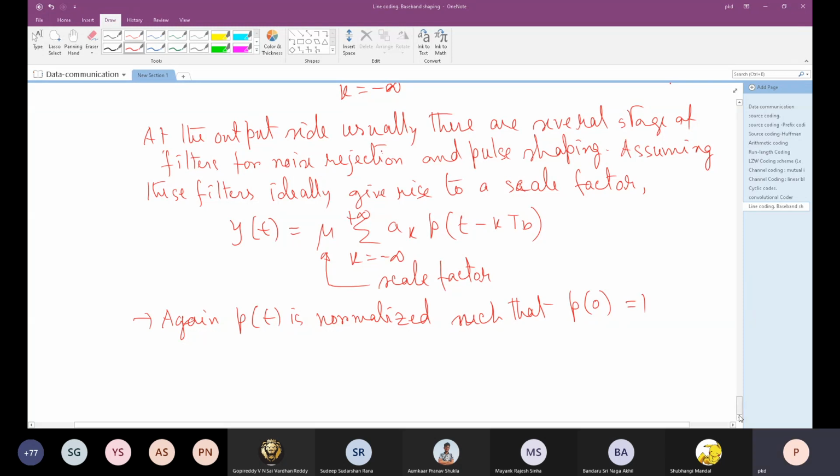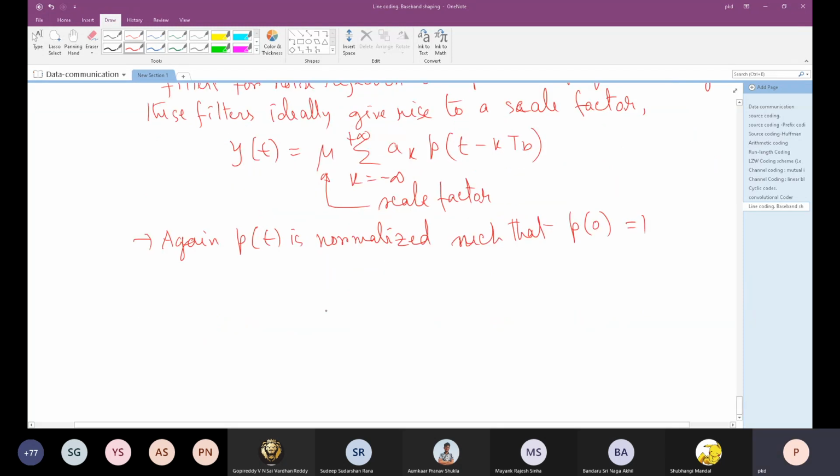Of course, here one question comes: why did we not enforce causality? So p(t) is not enforced that way. We have assumed that it is spread, and corresponding to all k we have the contributions.